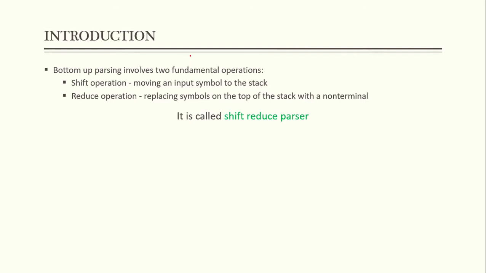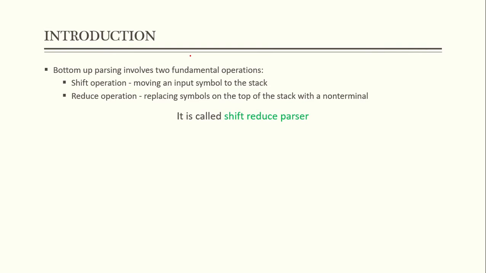So what is a shift operation? A shift operation is moving an input symbol to the stack. For reduce operations, what we do is replace the symbol on the top of the stack with a non-terminal. So there are two operations under the shift-reduce parser.